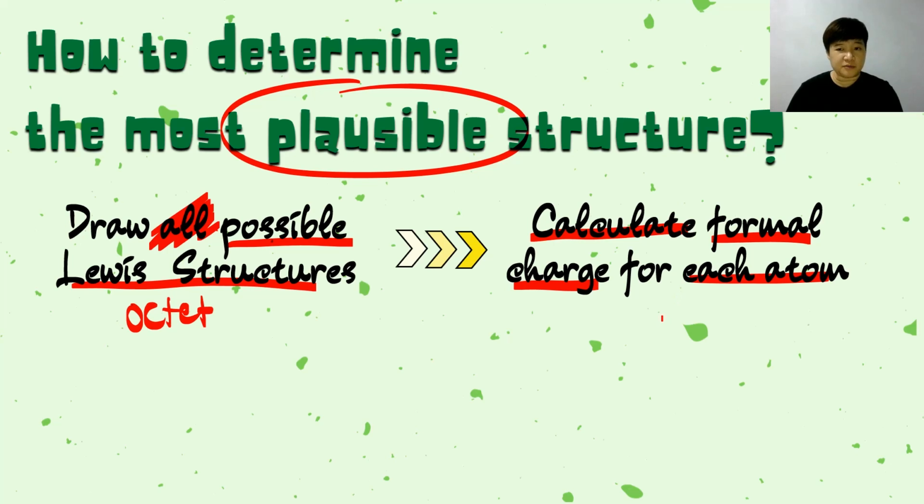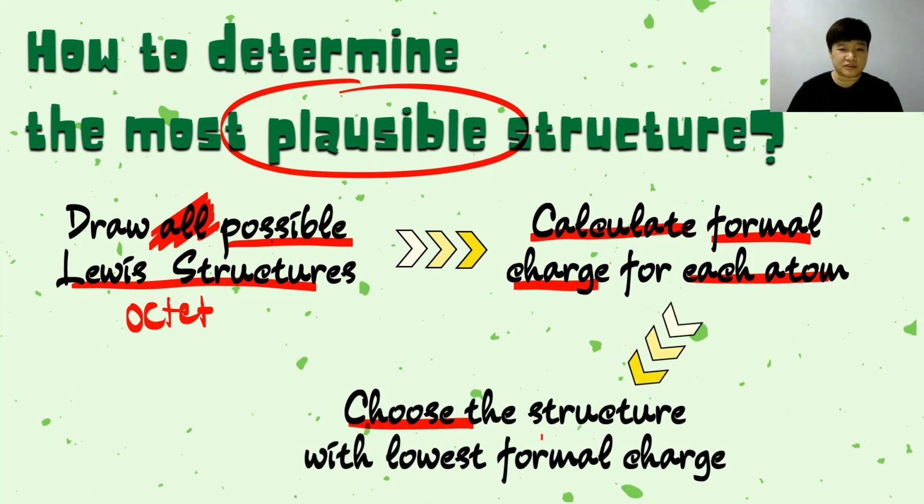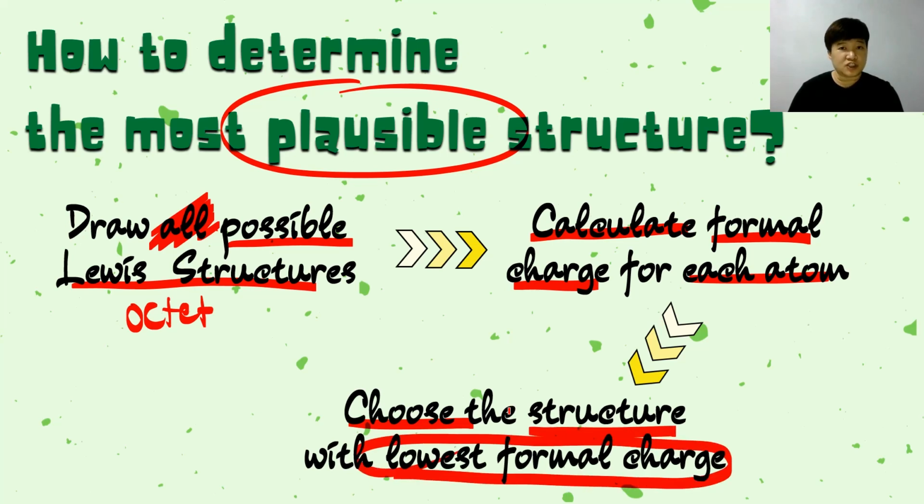After you calculate the formal charge for each atom, compare them and choose the structure that has the lowest possible formal charge. The one with the most 0 formal charge will be the most plausible structure. Simple, there are only 3 steps, but make sure you know how to draw all the possible Lewis structures correctly.